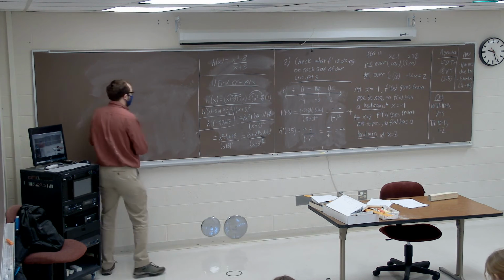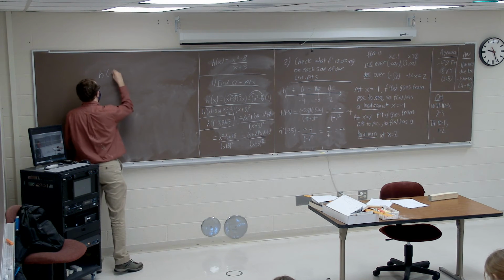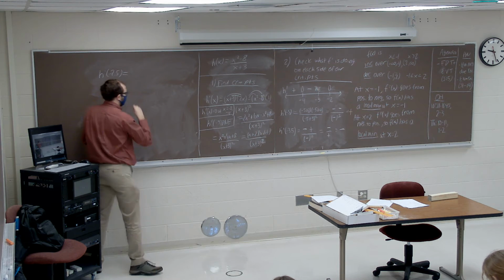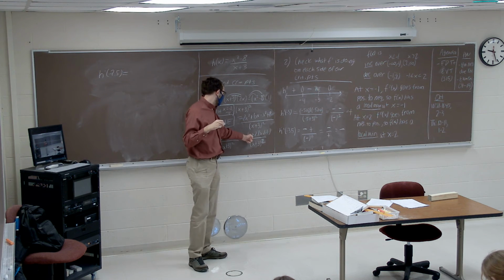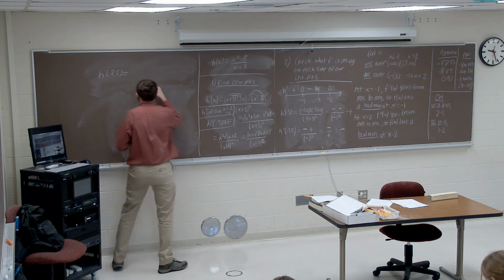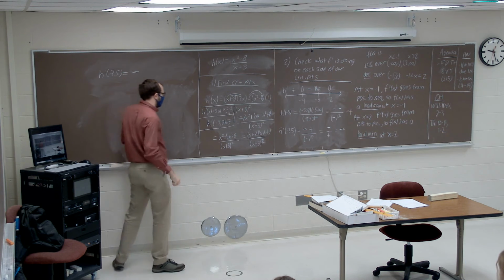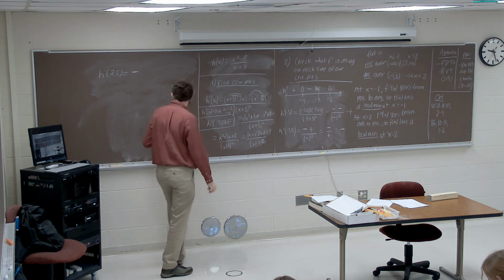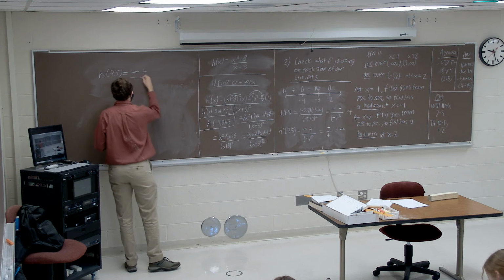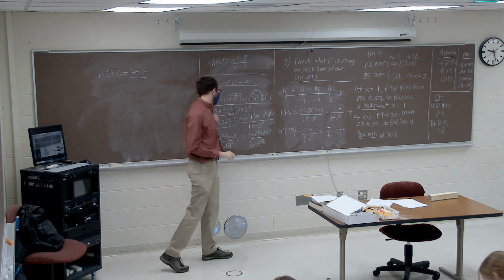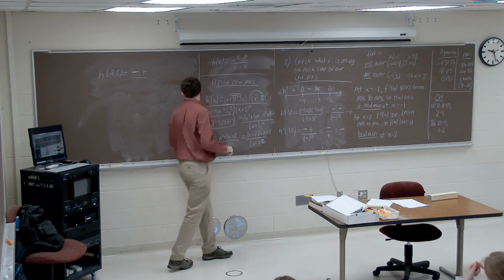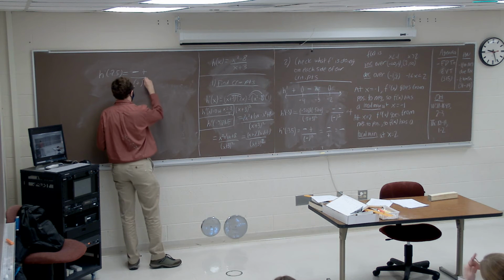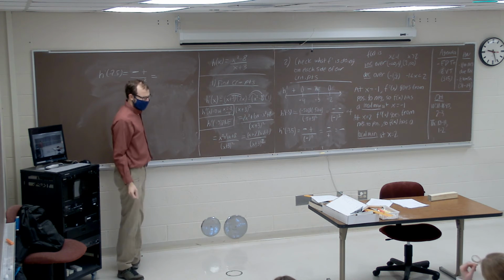So if we check h prime of -2.5, we're going to get -2.5 plus 2 is something negative. -2.5 plus 4 is something positive. -2.5 plus 3 squared is a positive number squared.